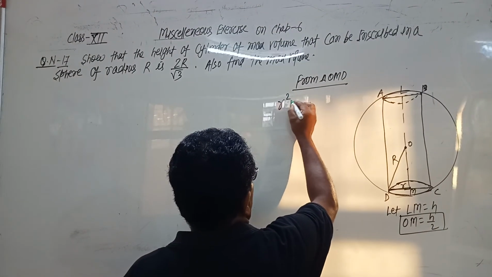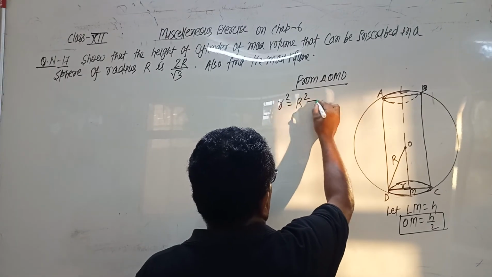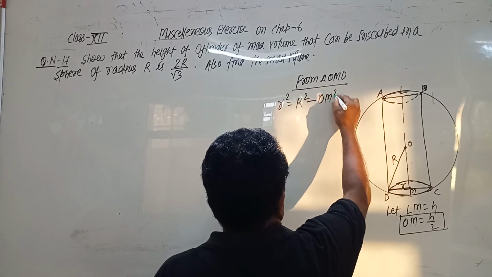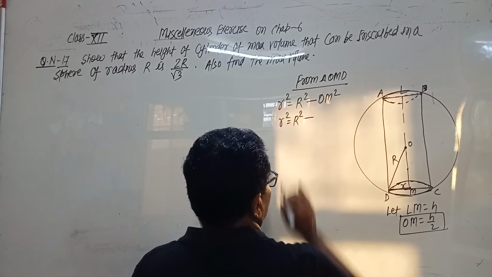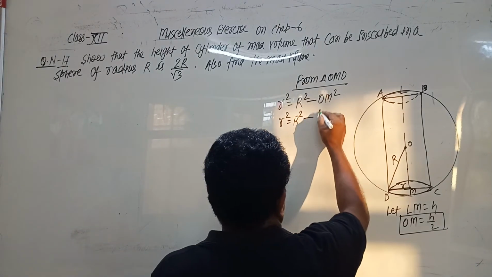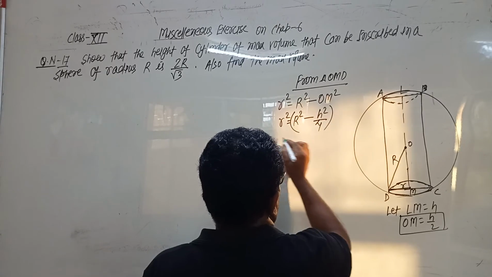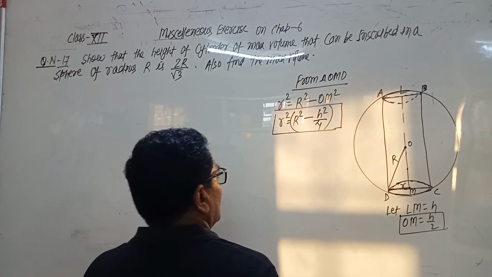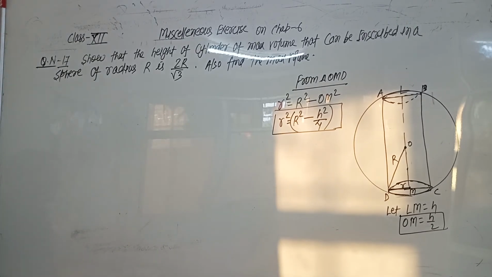Small r square is written as hypotenuse square minus OM square, so small r square equals capital R square minus OM square. The value of OM is h by 2, so h square by 4. This is the value of r square, the square of the radius of the cylinder.